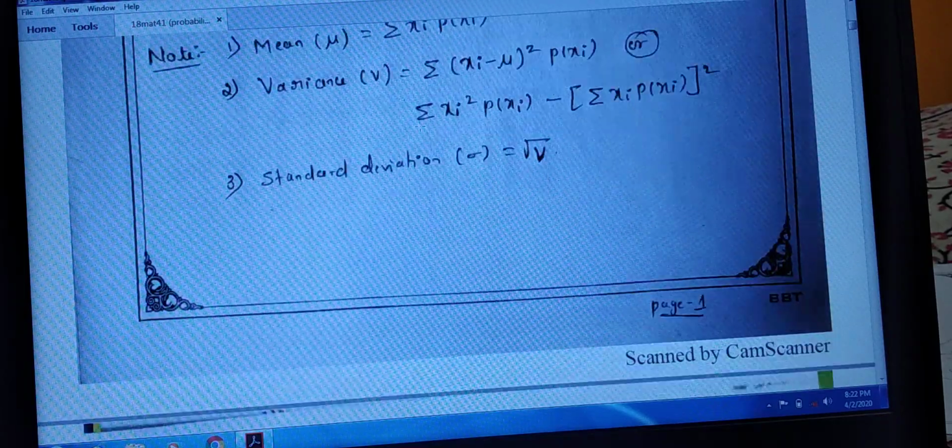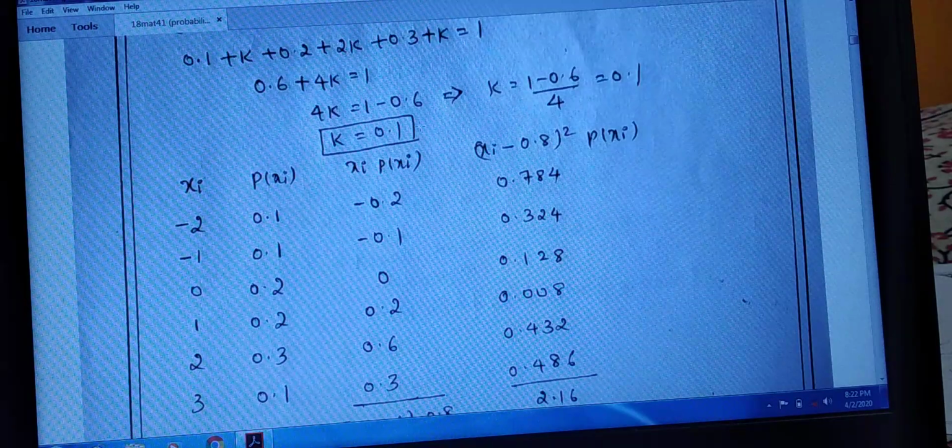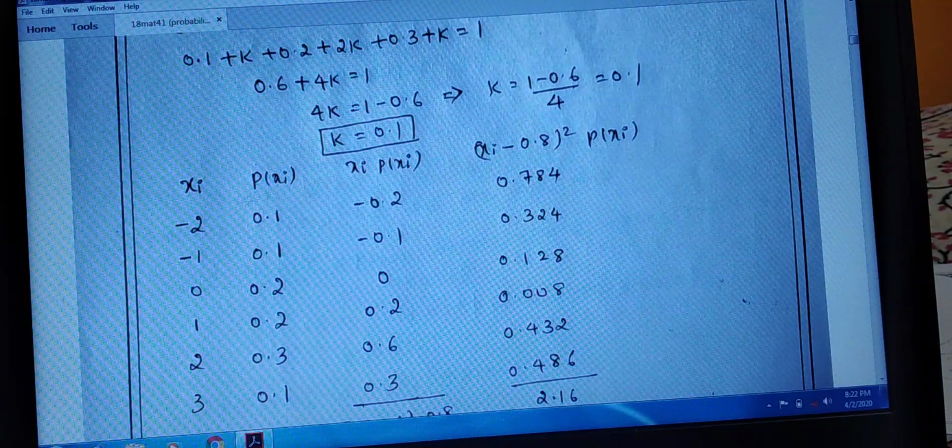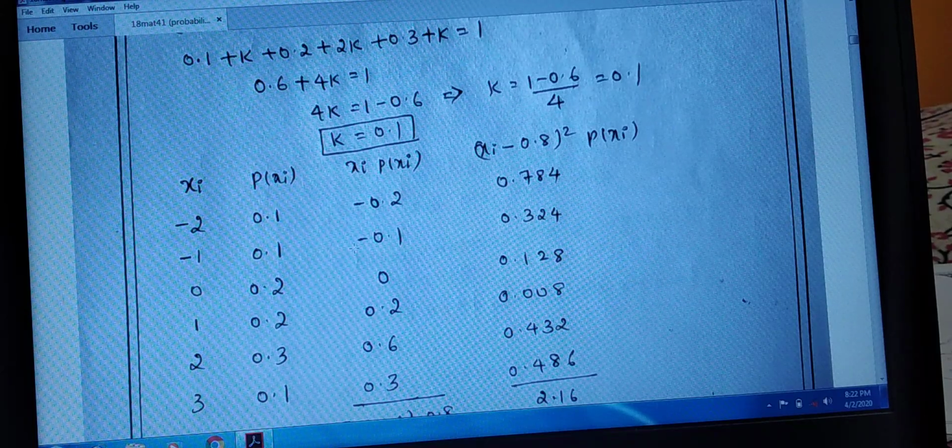So for that reason, here we have found xi into p of xi. You have to multiply these xi and p of xi values. That is, -2 into 0.1 is given by -0.2, and -1 into 0.1 is given by -0.1.